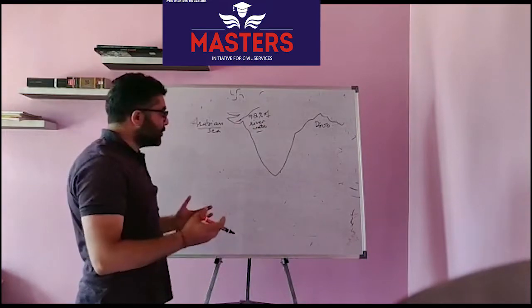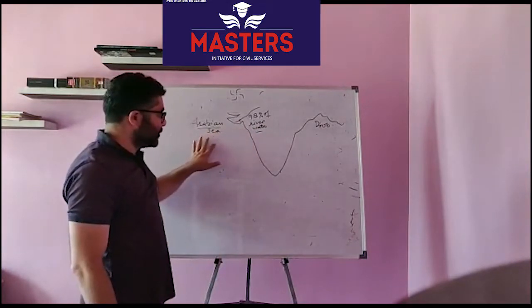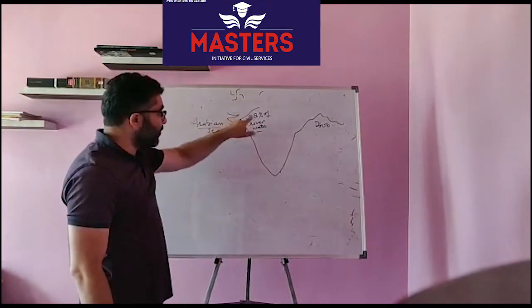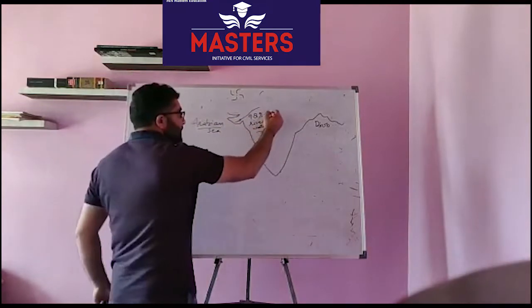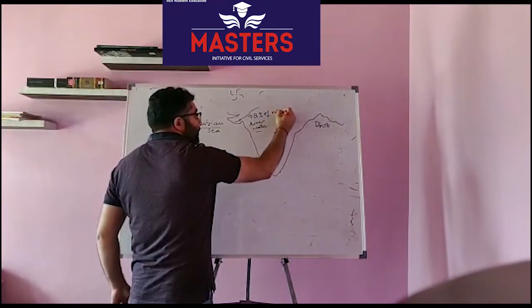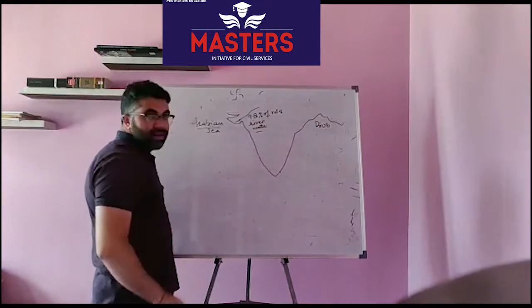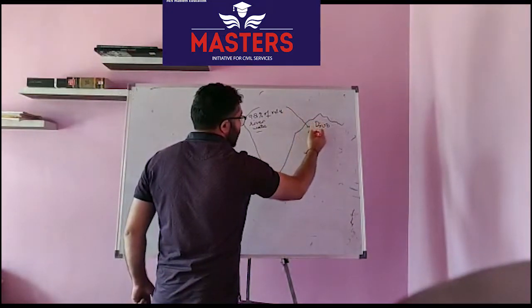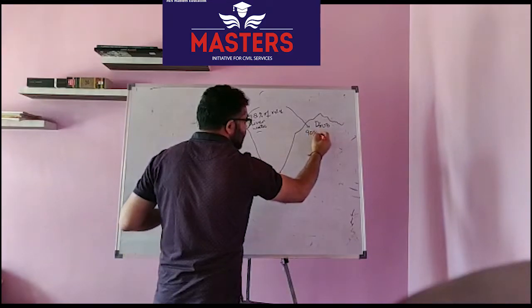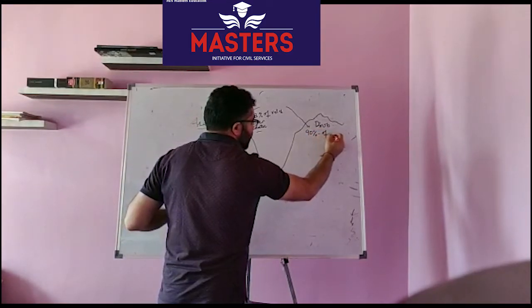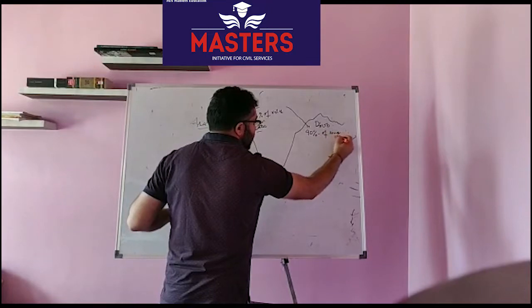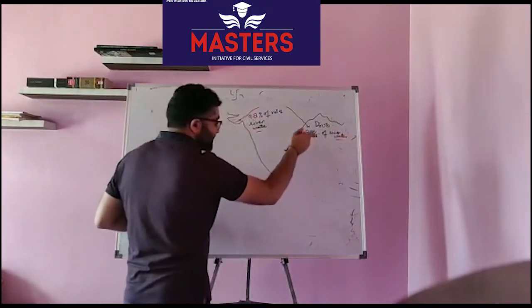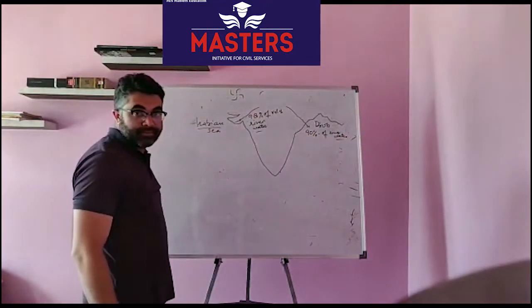Around 23% of Indian rivers move towards the Arabian Sea. If we go by volume, 9.8% of the volume of Indian rivers drains into the Arabian Sea. Around 90% of river water drains into the Bay of Bengal.